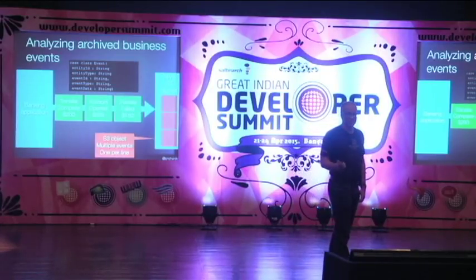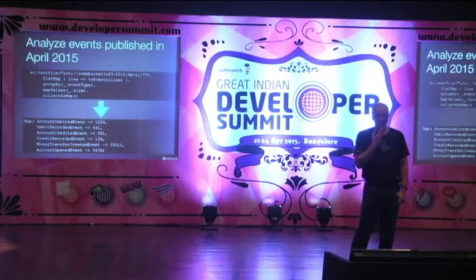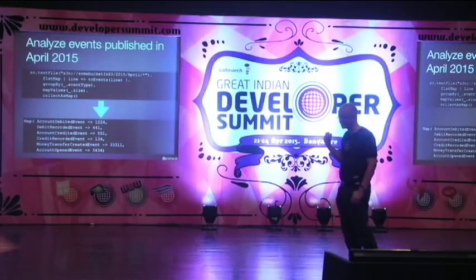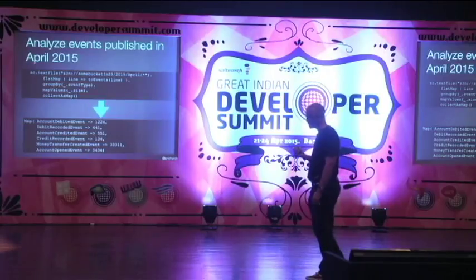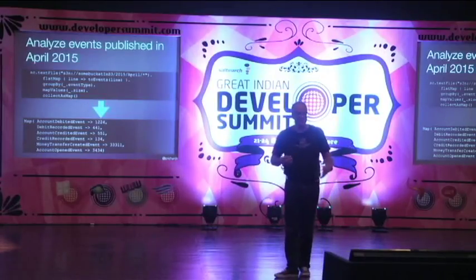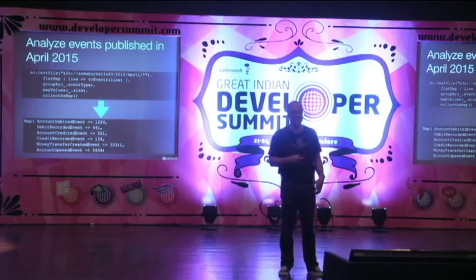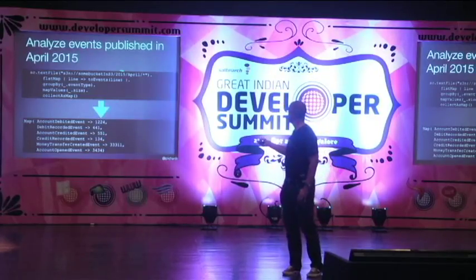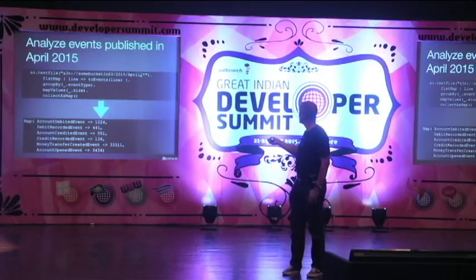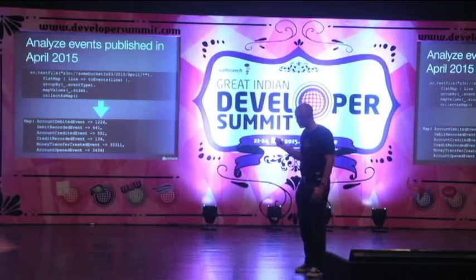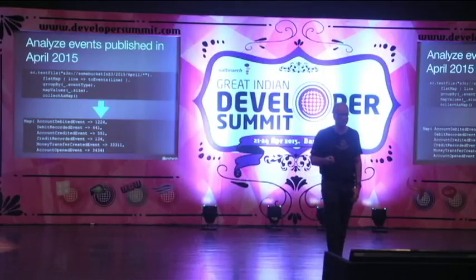With this, it's very straightforward to write some code that analyzes all of that business activity and shows you what has happened during a particular month. For example, here I'm finding all of the log file data for the month of April, and then running code over it that's not too different from word count.